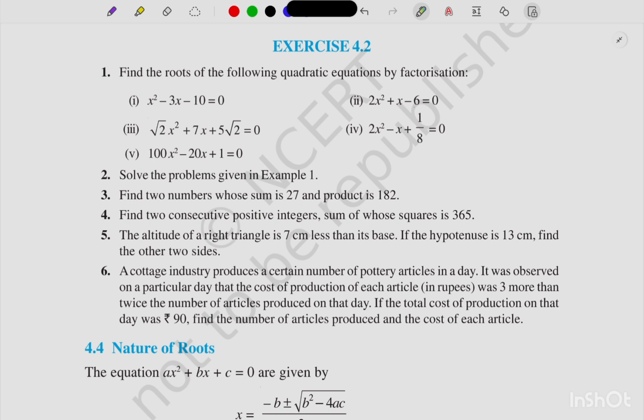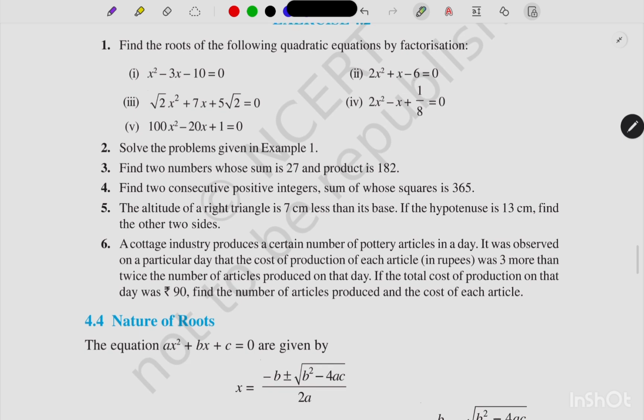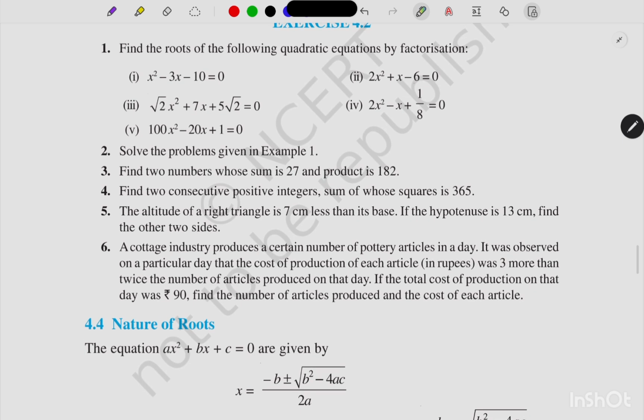Not useless, you must also know how to do these using splitting the middle term or factorization, because questions may come like this: solve this equation using factorization or splitting the middle term.